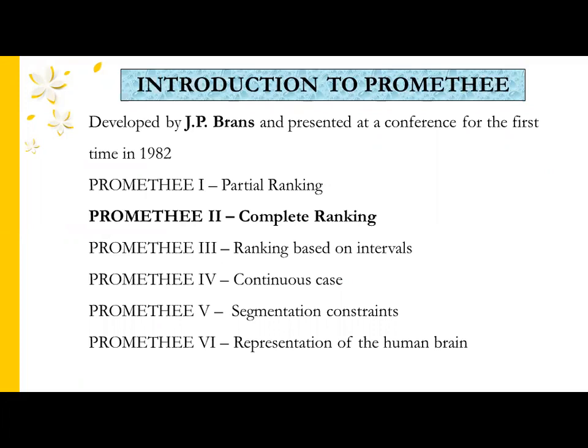But the methods like PROMETHEE 3 to PROMETHEE 6 have the fundamental basics of PROMETHEE 2 with a little variation in the assumptions and the methodology. But PROMETHEE 2 gives us a complete ranking, and that's why in this video lecture, we are going to have a primary focus on PROMETHEE 2.